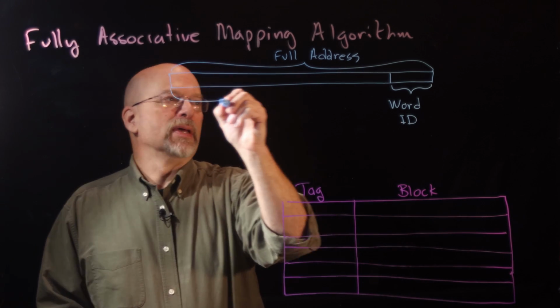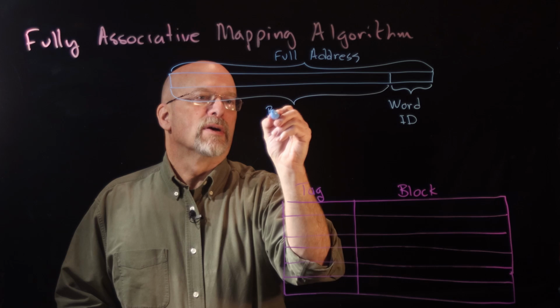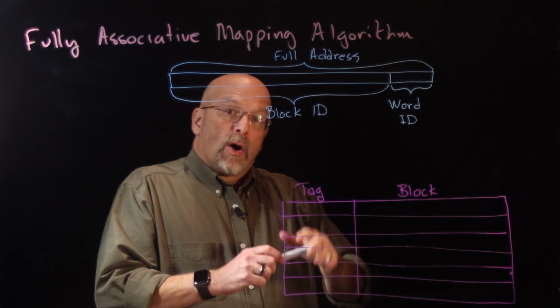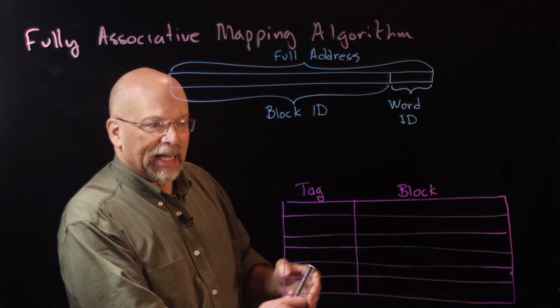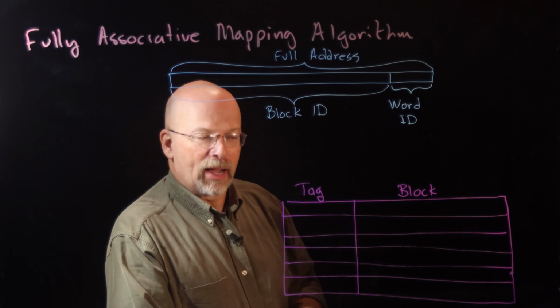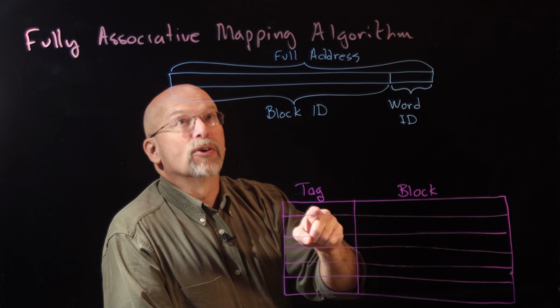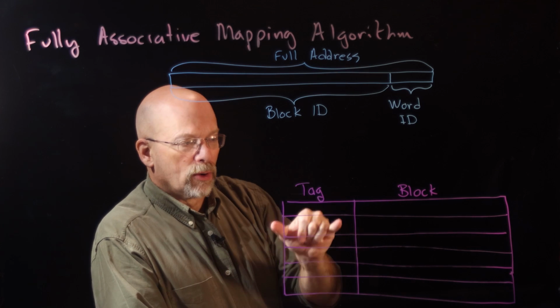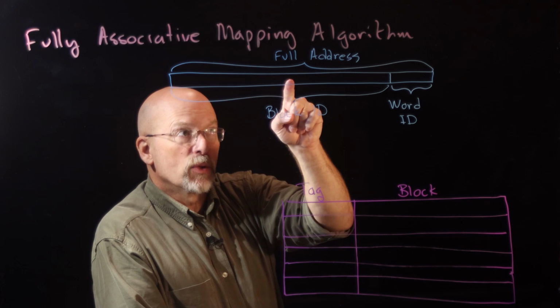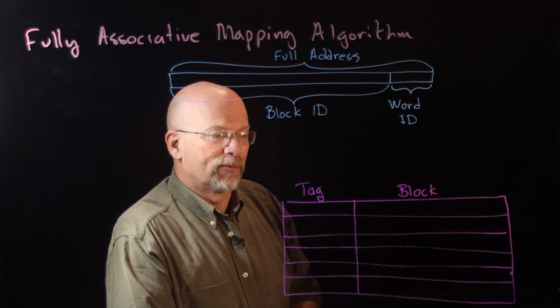And then these bits we identified as the block ID. Now, the purpose of the tag, whenever it comes to figuring out where that block came from, is that there is one of these three algorithms that we use to associate that tag with the block ID, where it came from in memory.